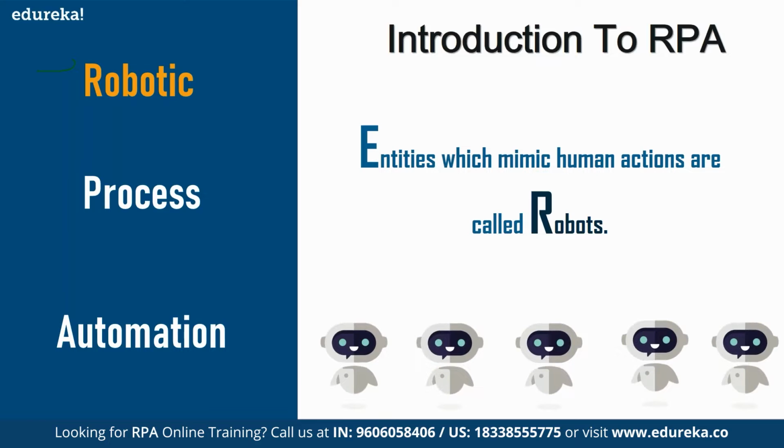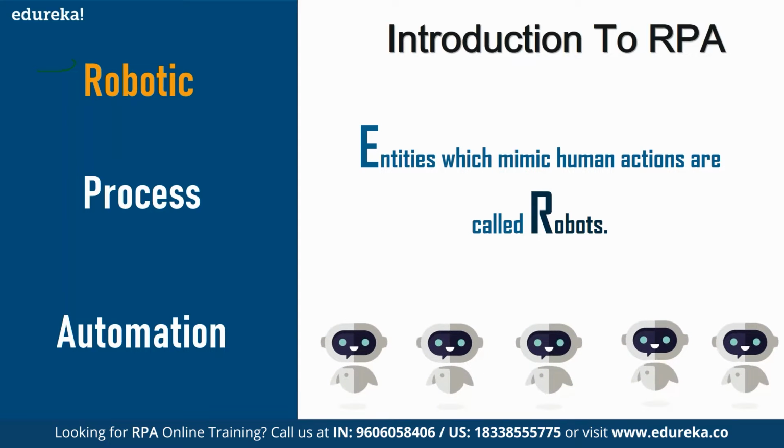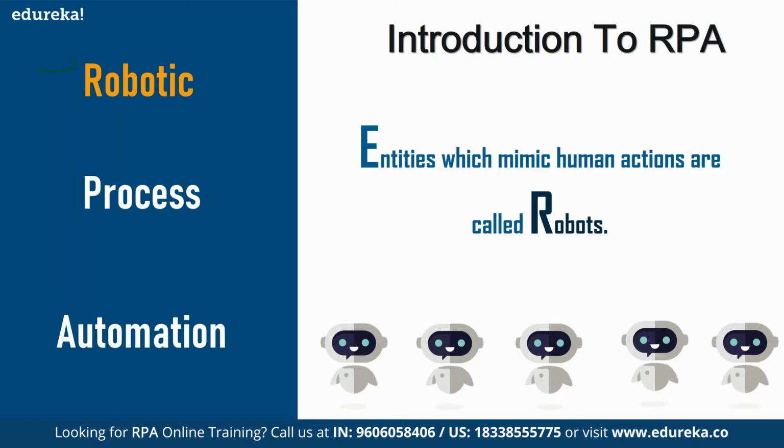But the robot referred to in RPA is completely different. The robot referred to in RPA here is a kind of software. Your robot is a software which has the capability of mimicking human actions. So it is an entity which mimics human actions.